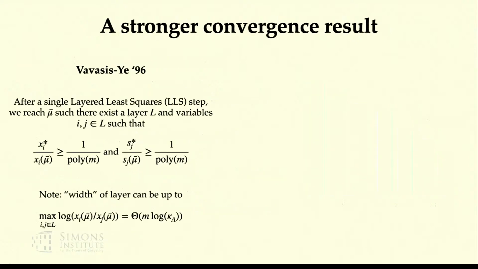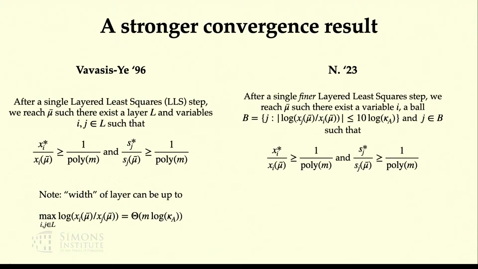And also, what you need is a stronger convergence result. So here, this is what we saw in Vassos and Ye, that there exists some layer for which I and J exist, where I converge on the primal side and J converge on the dual side. It turns out that you have a much stronger convergence result as well, and that is the following.